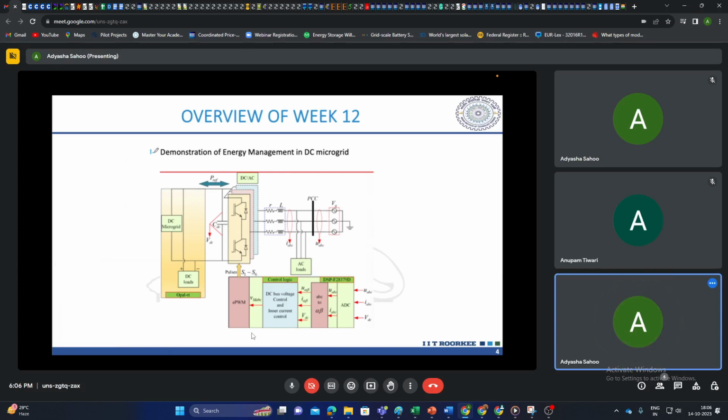So here, can you remember whether we are studying a grid connected or isolated microgrid here? Can you recall whether this is a DC microgrid?